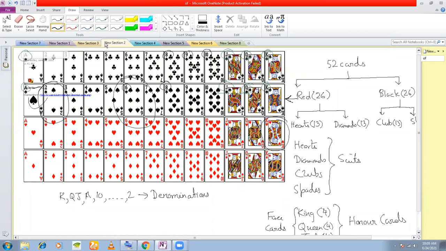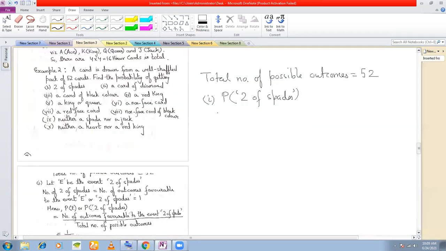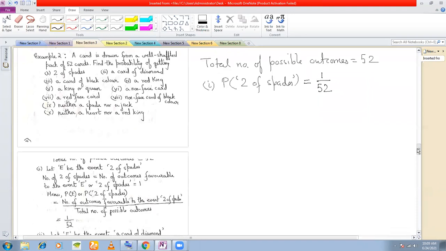So what should be the probability? Only one two of spades divided by 52, the total number of possible outcomes, right? Next question. A card of diamond.